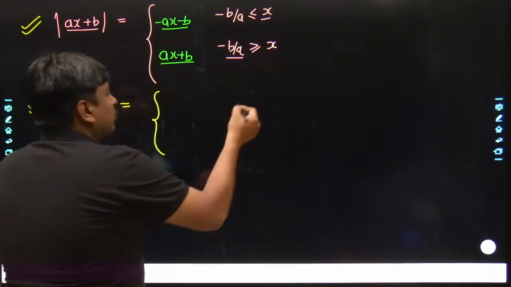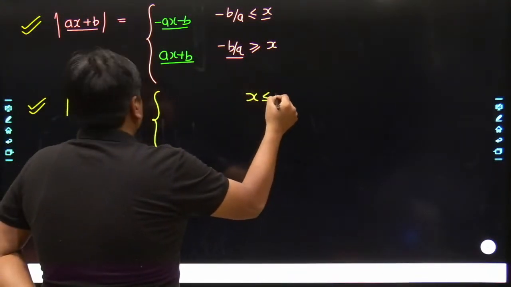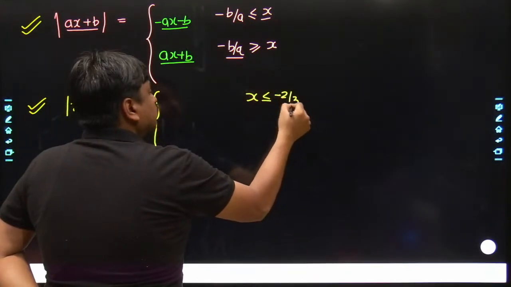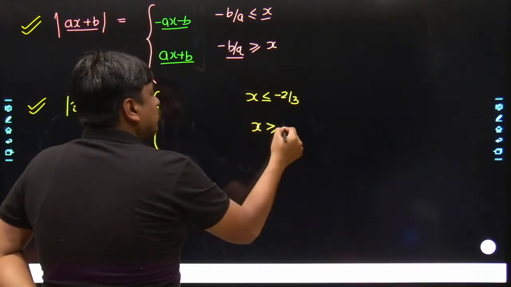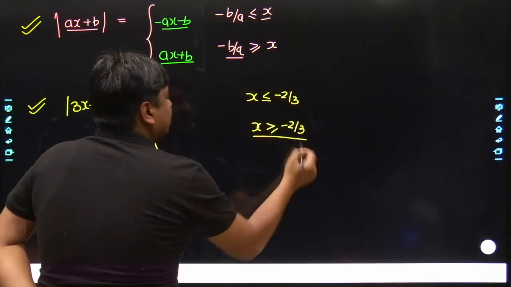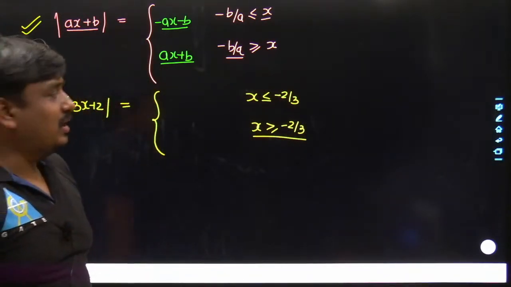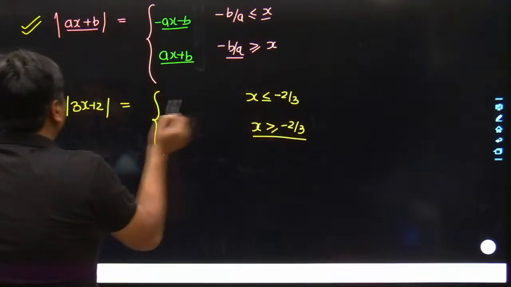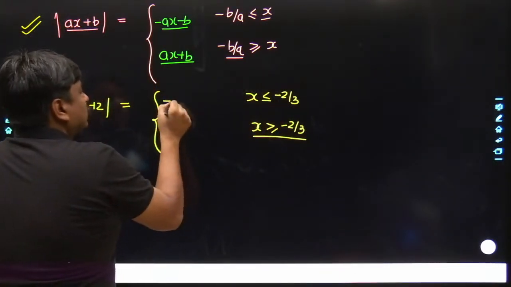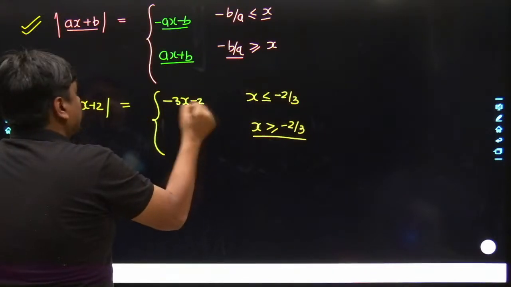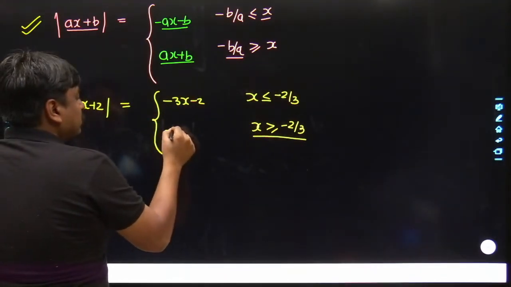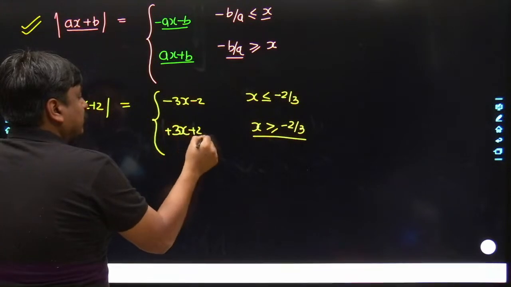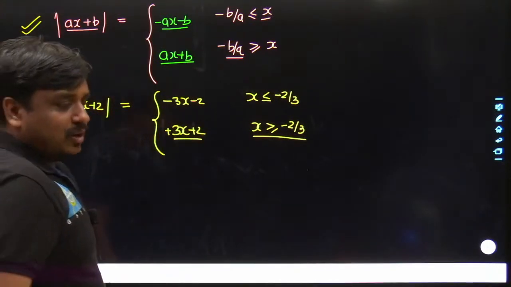So obviously, you would take x equals minus 2 by 3. So you would have two spans: when x is lesser than or equal to minus 2 by 3, and similarly x is greater than or equal to minus 2 by 3. If x is lesser than the critical point, the minus gets multiplied. So simply it becomes minus 3x minus 2. And here it becomes plus 3x plus 2. The function would remain as it is.